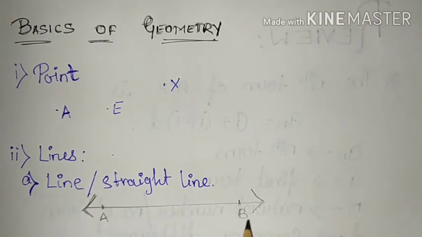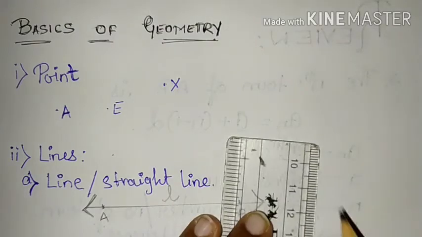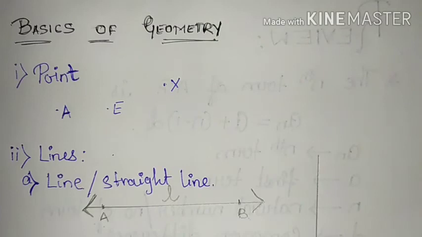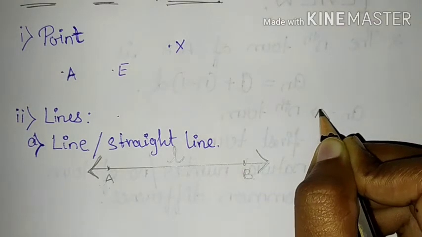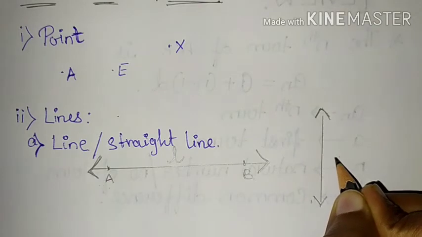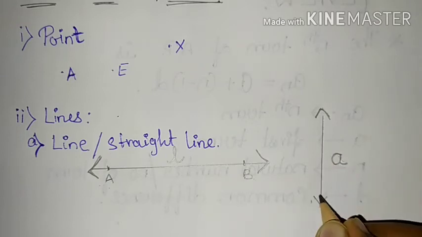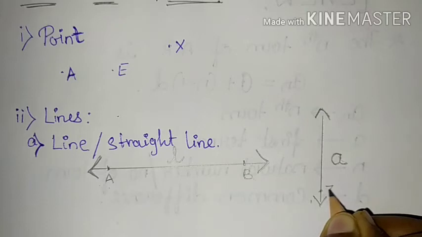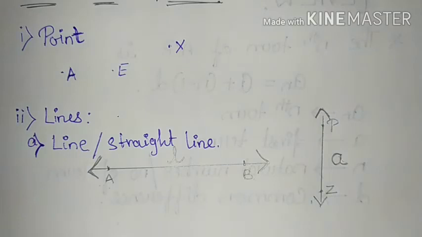So this can be called line AB, or simply use a small letter, line L. Similarly, if I were to draw another straight line, with arrow marks which represent the continuity of the line, I can either name it line a with a small letter a, or consider any two points on the line, say Z and P. So this is line PZ or line a. Both the ways are correct.